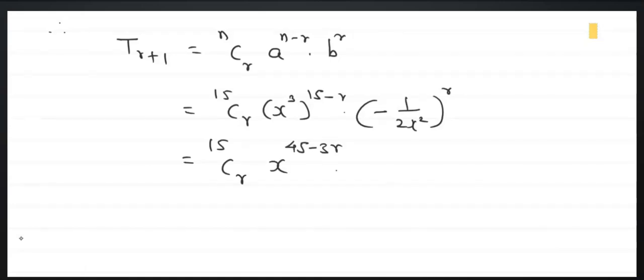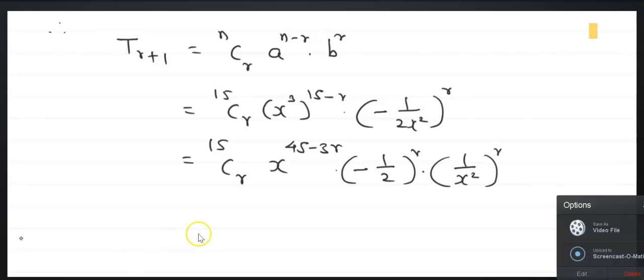See these calculations. We have separated here, that is 15Cr (x raised to 3) bracket raised to 15 minus r, which is nothing but x raised to 3 into 15, 45, 3 into r minus 3r. We have taken separately here, that is (minus 1 upon 2) bracket raised to r into 1 upon (x square) bracket raised to r.